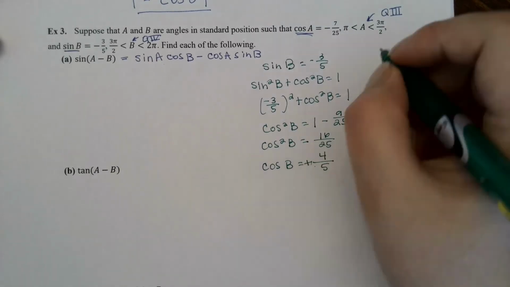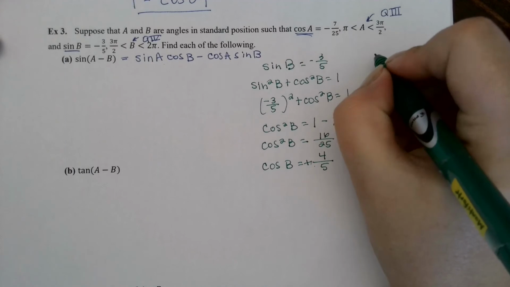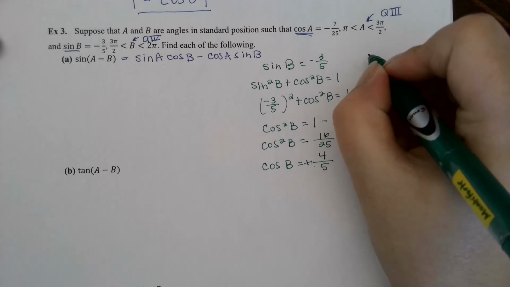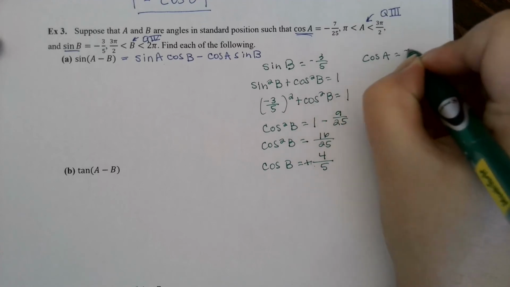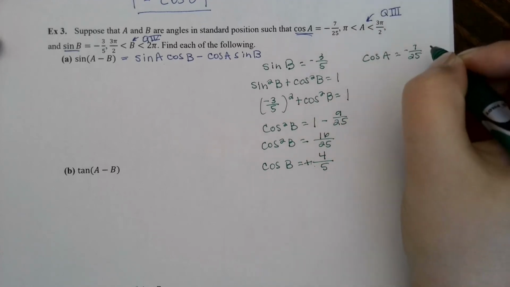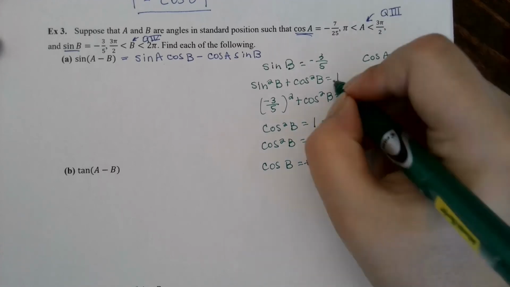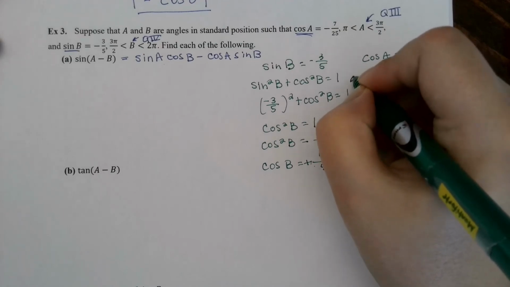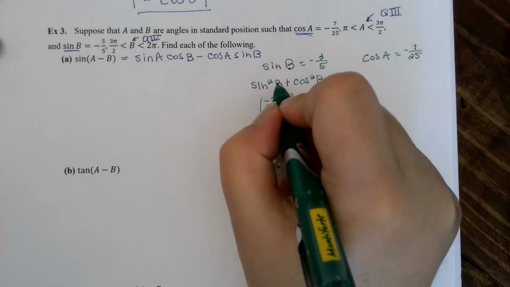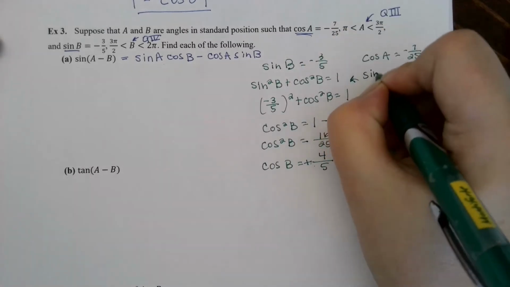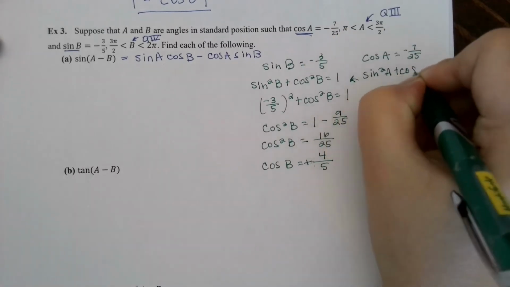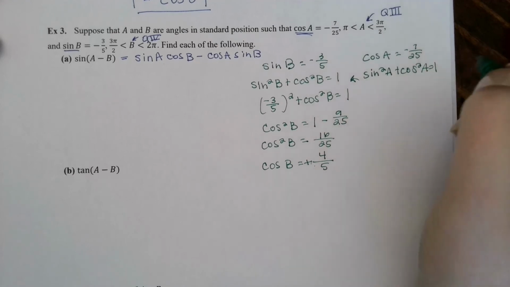Then we want to find sine of A. We have cosine of A is -7/25. Using this same formula, but now instead of B we have A: sine squared A plus cosine squared A equals 1.